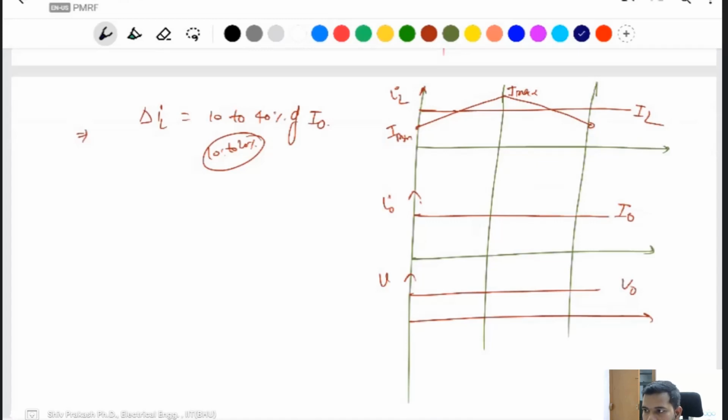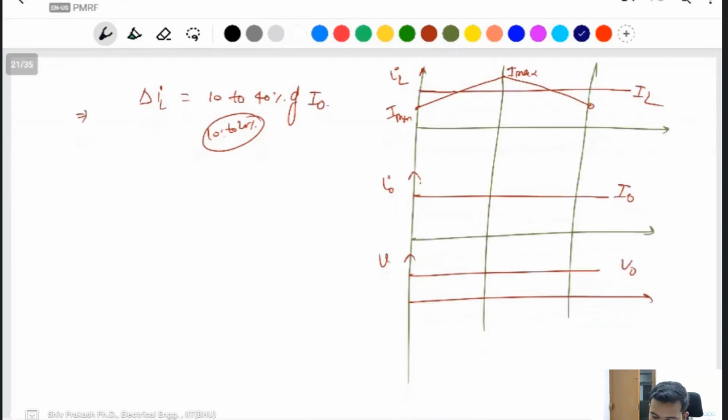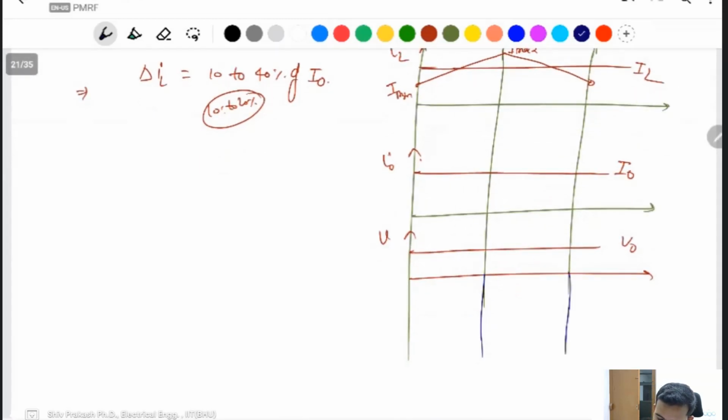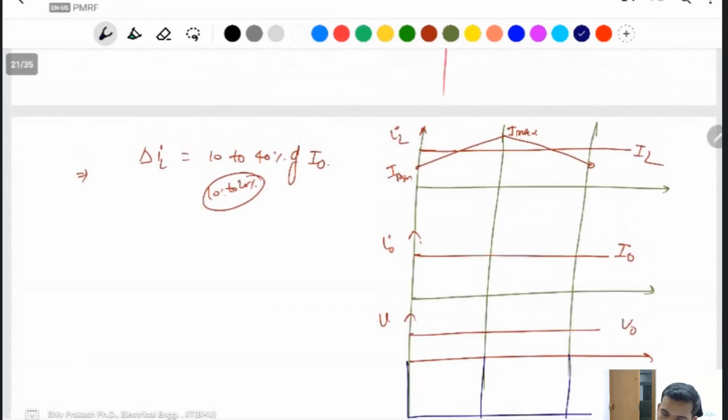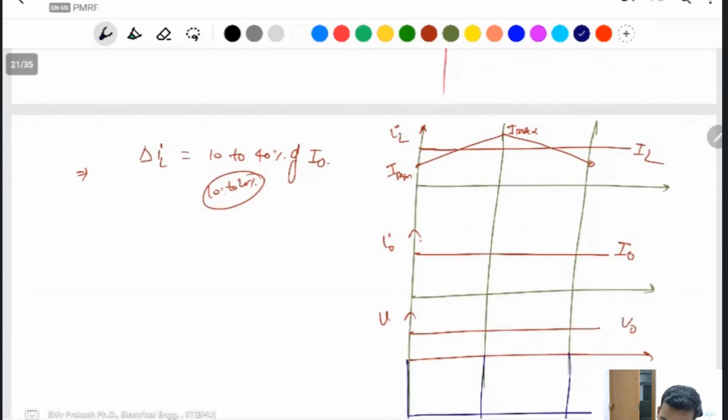It has some ripple in the output voltage. If you have a ripple in the output voltage, then the output current also has the same ripple. In a buck converter, the output current ripple is the same as the inductor current ripple.